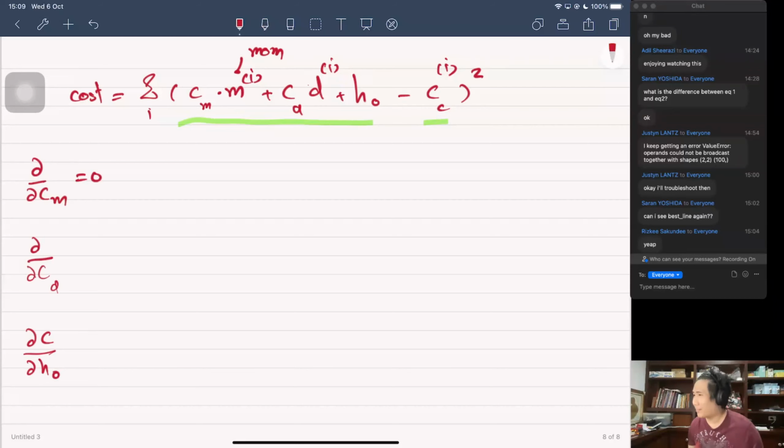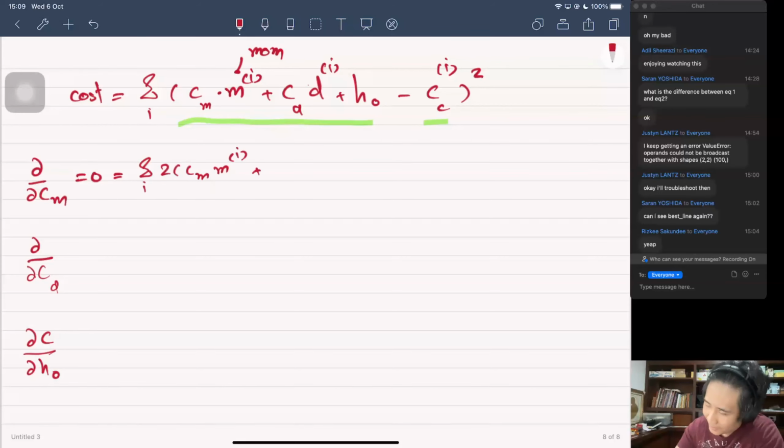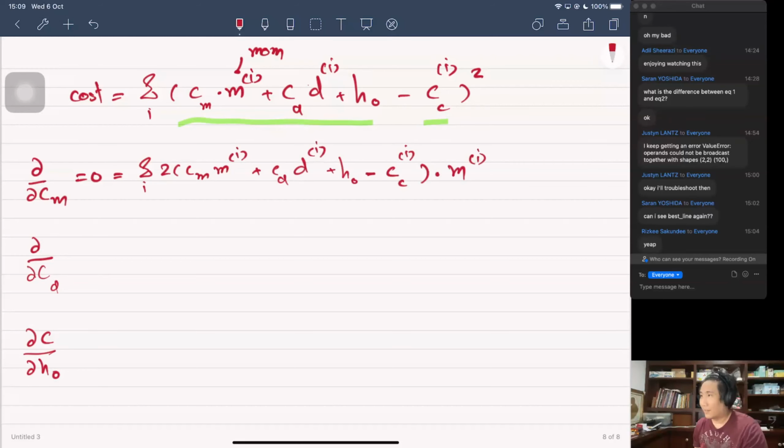And by now you're an expert, right? So let me do that real quick. This time it's going to be the sum over I, and d by d C mom becomes 2 times C mom M_i plus C dad D_i plus H0 minus C_i, and then multiply that by M_i.